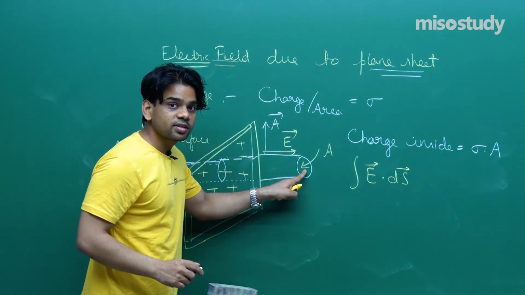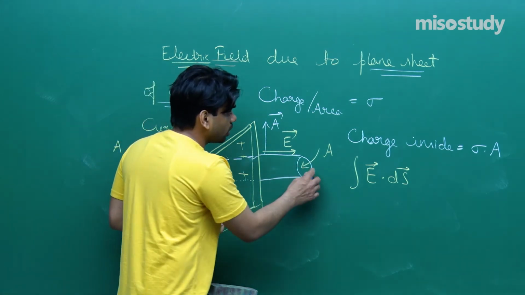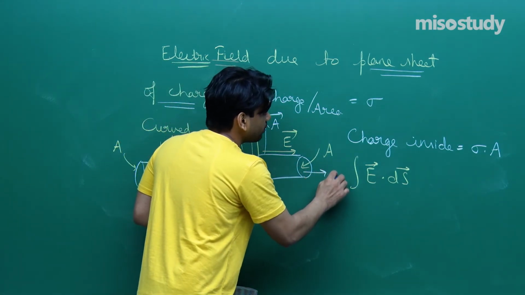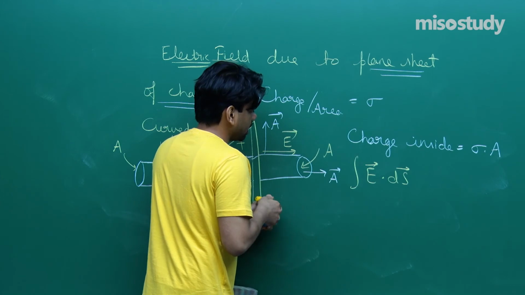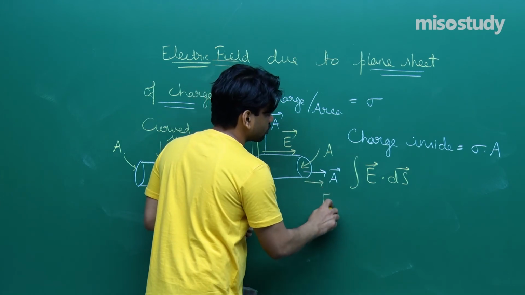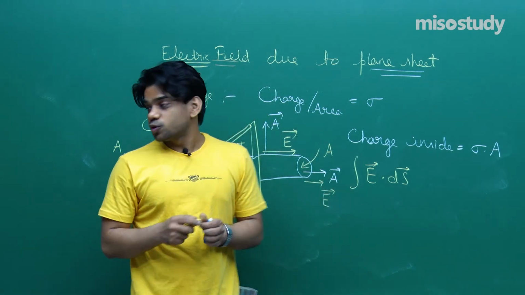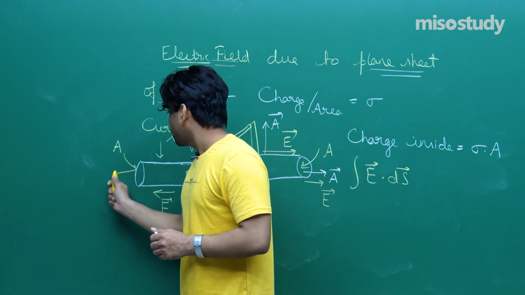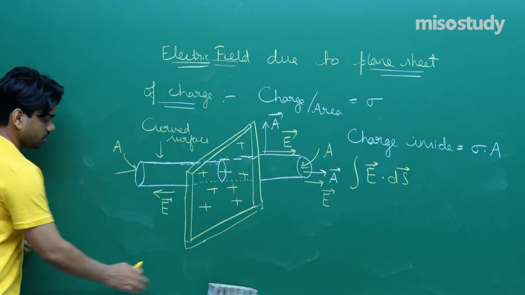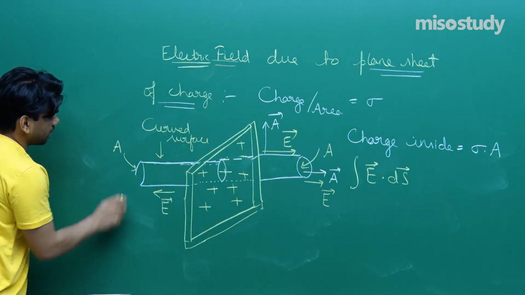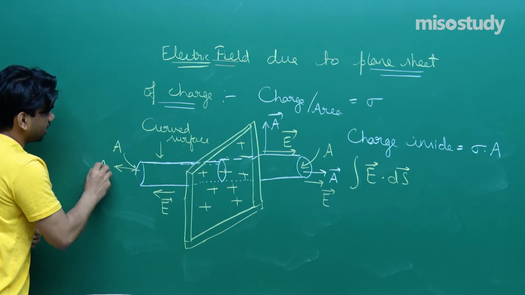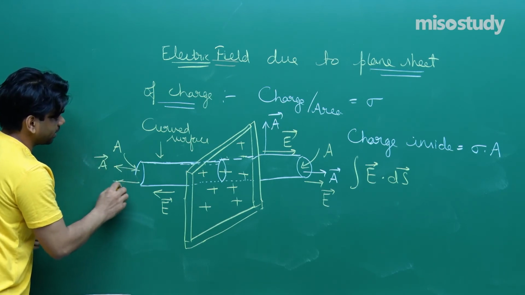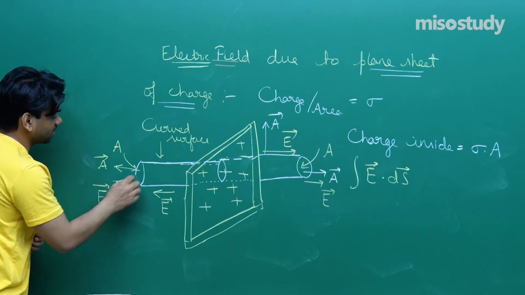Now talk about this surface, the circular surface. Area vector will be in this way and electric field will be in this way. For this side also, area vector will be directed along this direction and electric field vector will also be directed along this direction.